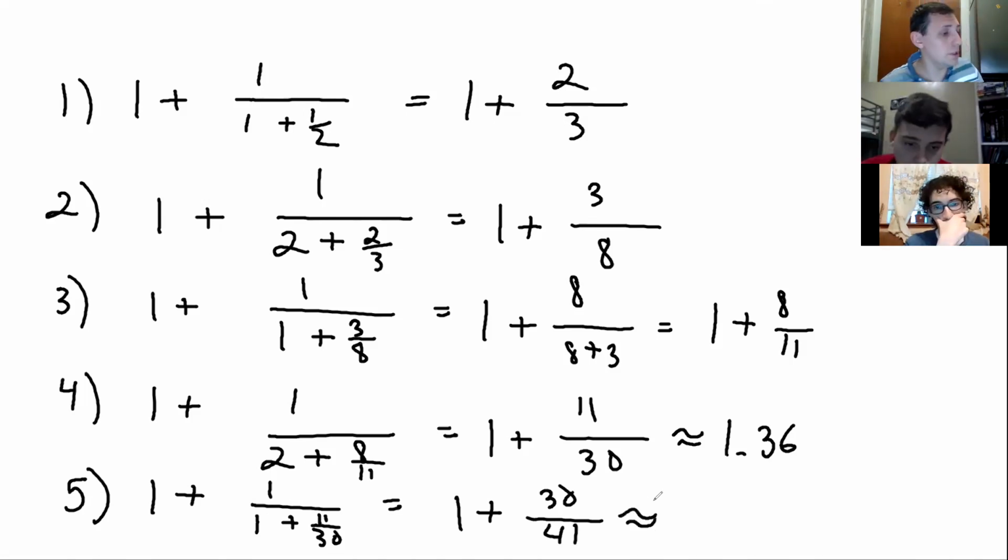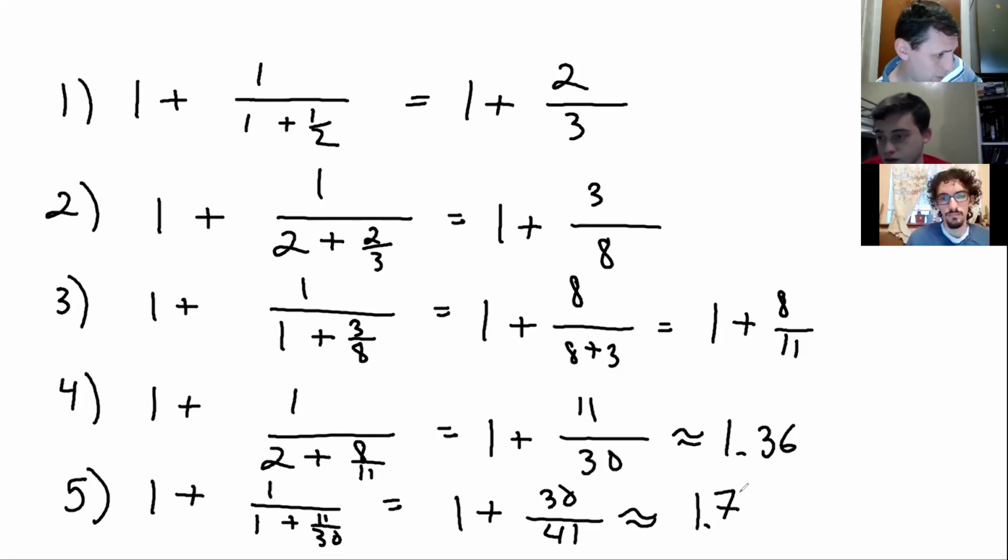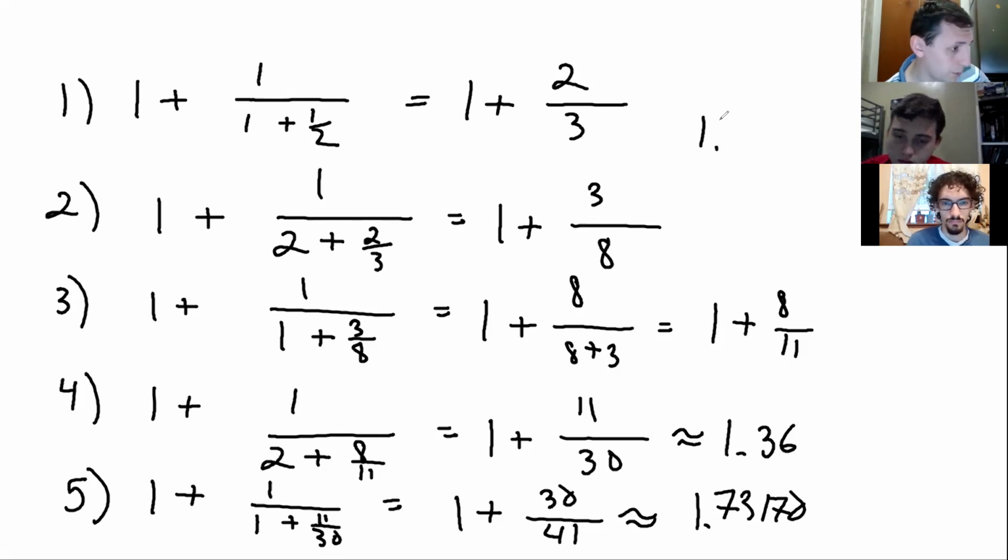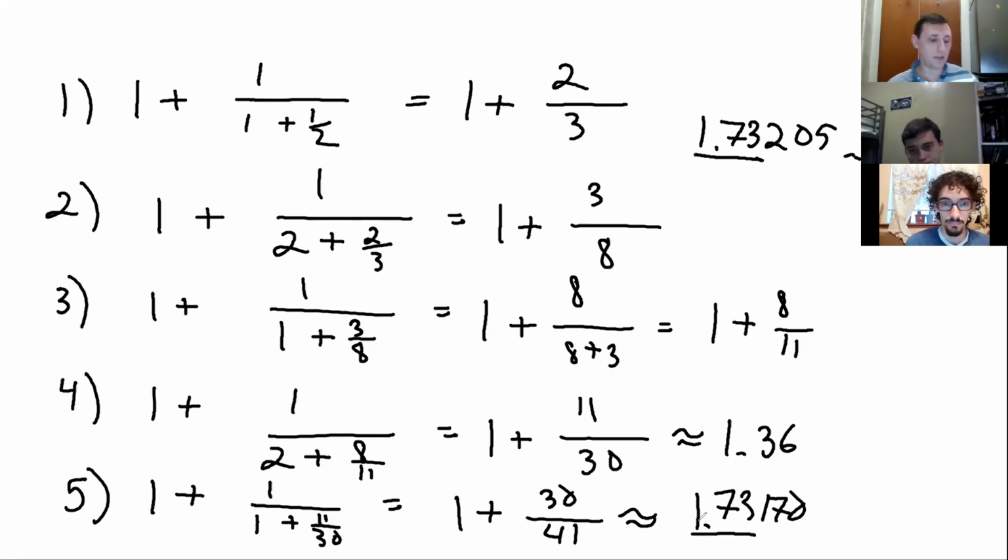That is 30 over 41, so approximately 1.73170, as opposed to root of 3. Root of 3, according to the calculator, is 1.73205 and onwards, right? So you can see that I already have 1.73, 1.73. If I do a few more iterations, I will get more digits.